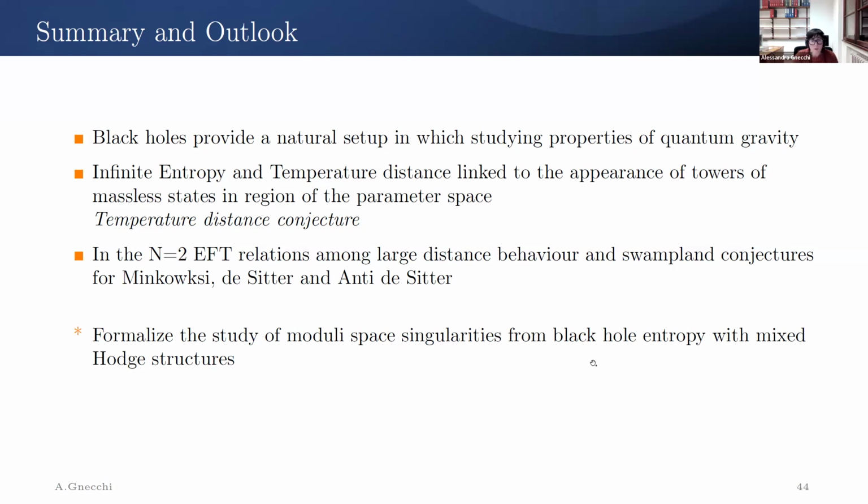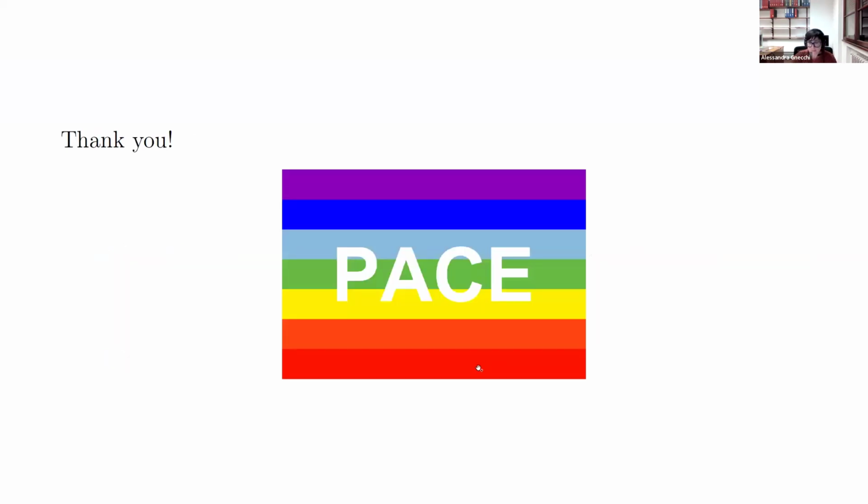I'm also looking into formalizing this distance in moduli space in the case of Calabi-Yau compactifications and black hole states using what's called mixed Hodge structures. But this is my personal taste. In general, I think it's a very interesting line of research, and I hope I could transmit some of the enthusiasm to you. So thank you very much.